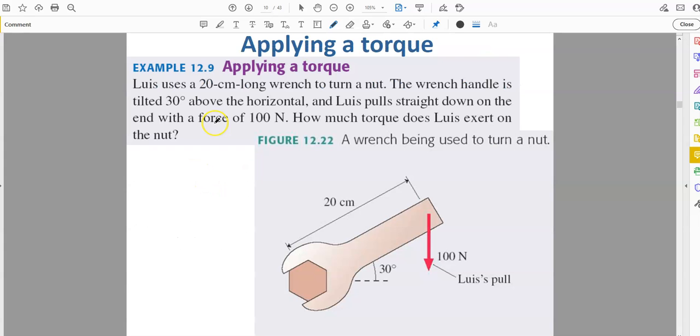All right, let's move on to a really good problem, okay? So here we have a problem. Luis has a 20 centimeter long, or 0.2 meter long, wrench, and the force of 100 newtons is going to be attached there.